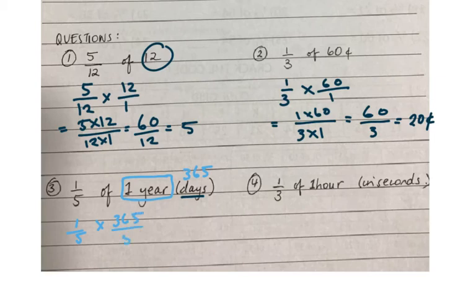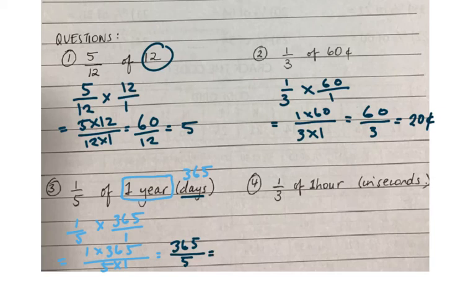over 1. So now we have 1 times 365 over 5 times 1. So 1 times 365 is 365, and then we have divided by 5.